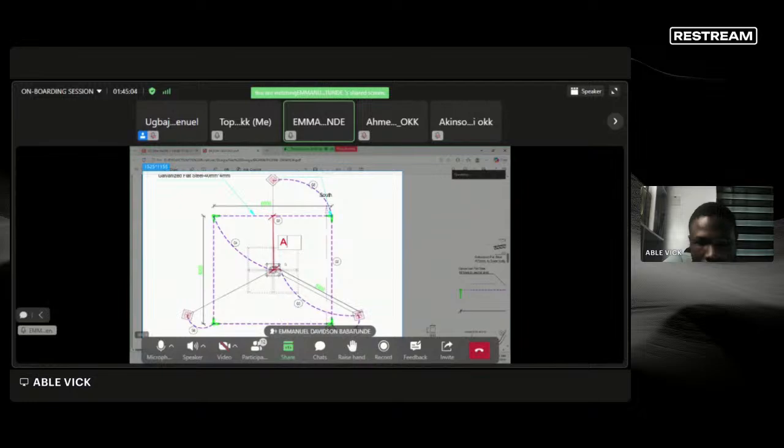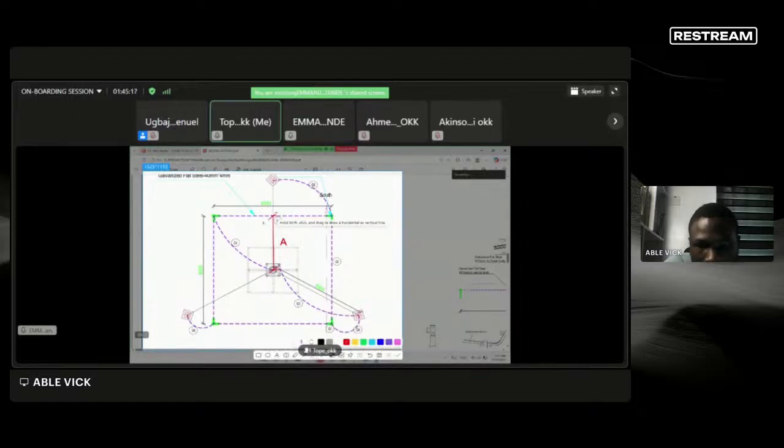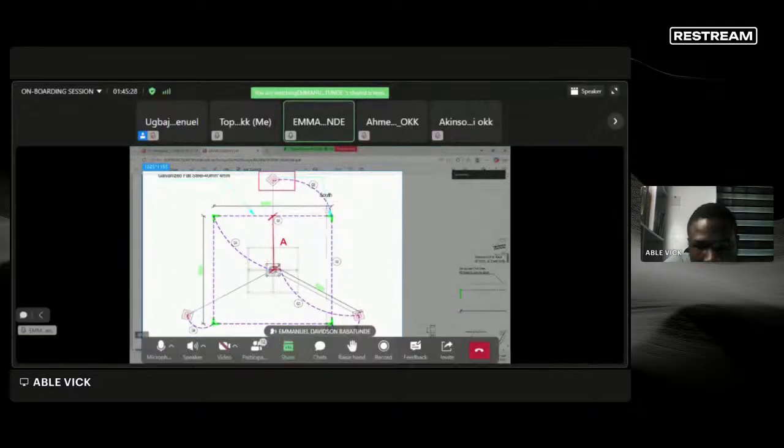See my A. My A is stopping at the earthing ring. See guide wire up here. This is my earthing ring. I said the earthing ring should be excavated around the tower area, and the earthing dimension is 6 meter by 6 meter.